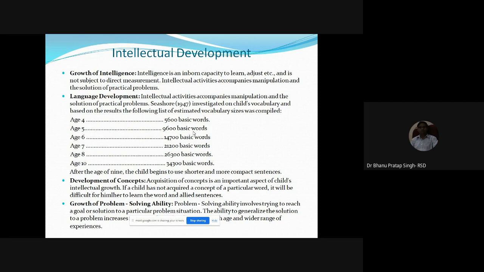Growth of problem solving ability. Problem solving ability involves trying to reach the goal or to find the solution. Whatever the problem, the ability to generalize the solution.